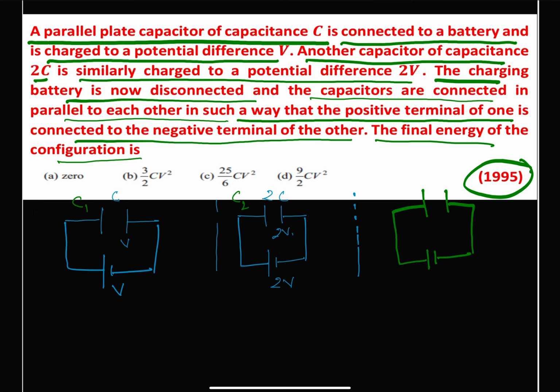It says that positive of one is connected to the negative terminal of the other. So this will be negative and this will be our positive. In this way they are connected.